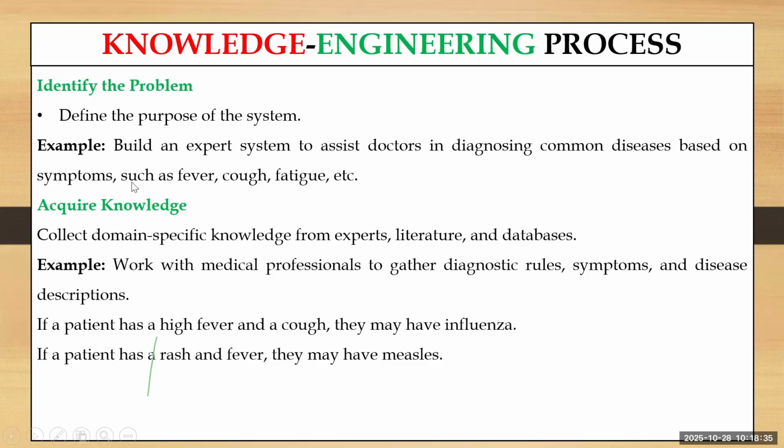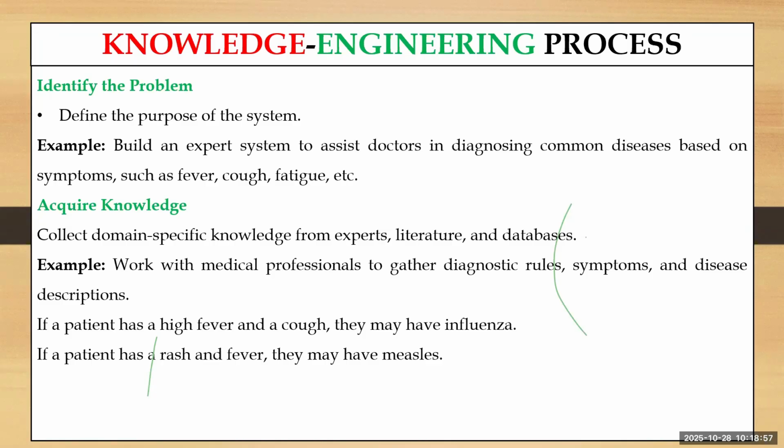And then the next step is we have to acquire the knowledge. Once we have finalized the purpose, we need to collect whatever knowledge we require for developing that AI system. Let us suppose I'm going to develop an AI system for medical AI.